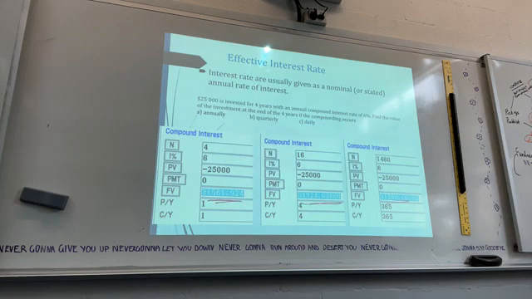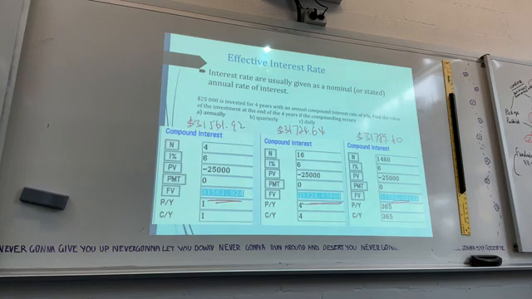After 4 years, if compounded annually it is 31561.92, this is 31724.64, and this one is 31789.60. So what we're looking at is calculating the effective interest rate. What we normally get is the nominal or the stated annual rate of interest.